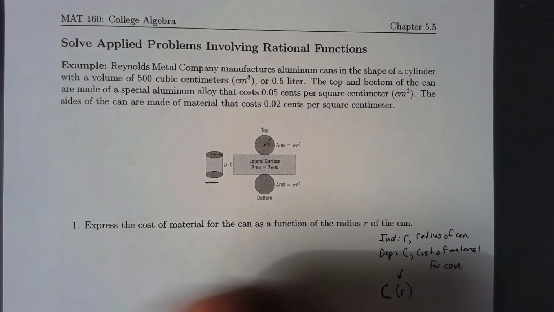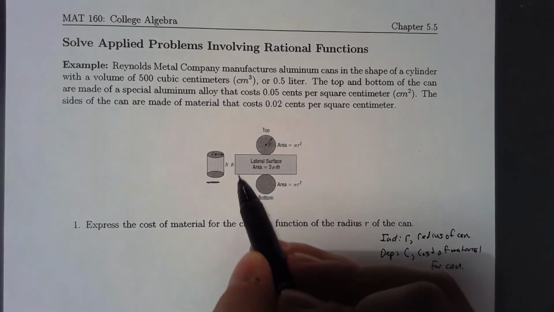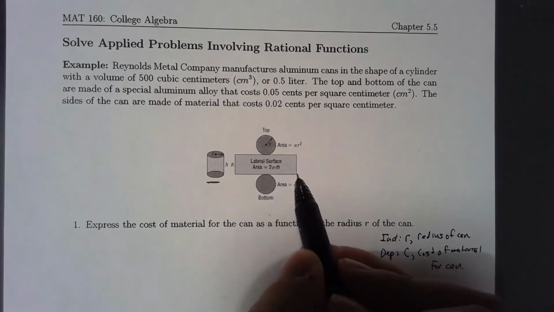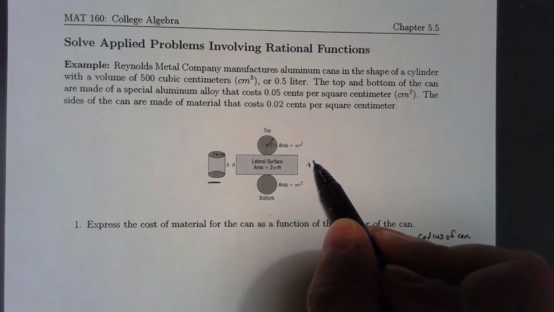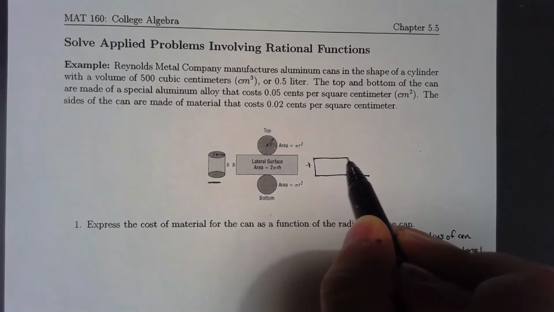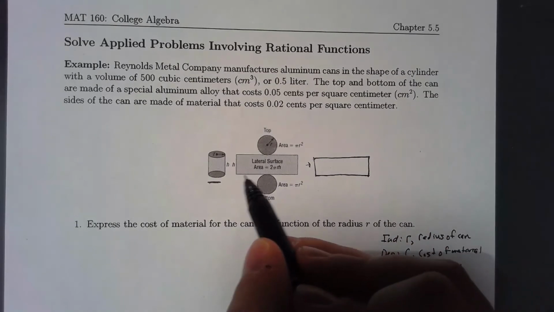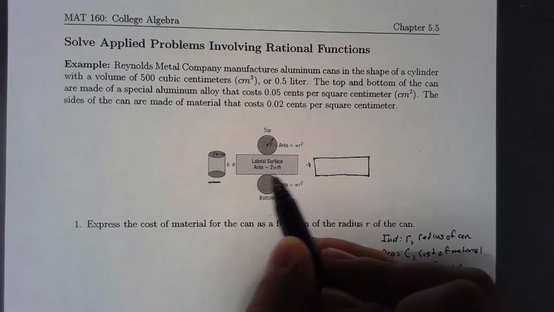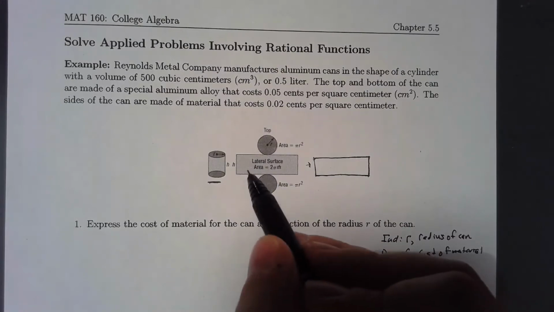If you have a can and you were to unravel it, if you were to roll it out, you would get a sheet. That's what's going on here in this picture. So this sheet has a surface area. The length of this sheet is actually the circumference of the circle, which is 2 pi r.